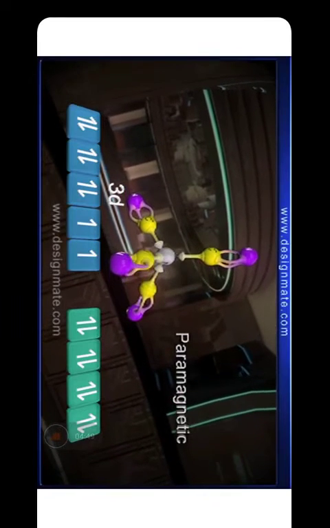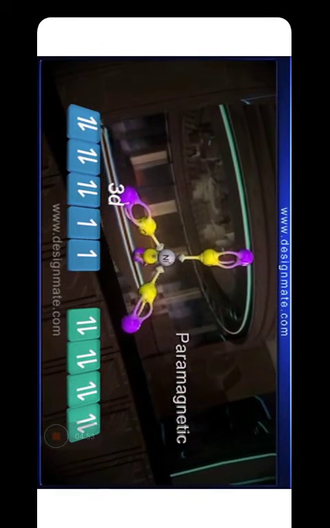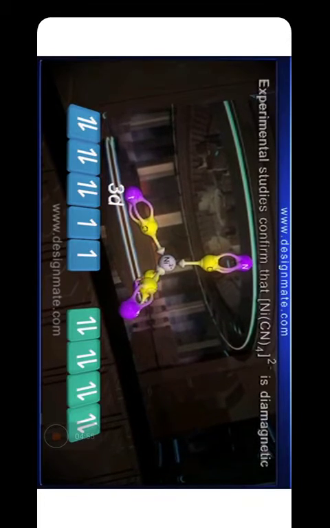Hence, it is paramagnetic, that is, it gets attracted by a magnetic field. However, experimental studies confirm that Ni(CN)4 2- is diamagnetic. That is, it is not attracted by a magnetic field. Hence, this complex cannot have a tetrahedral geometry.